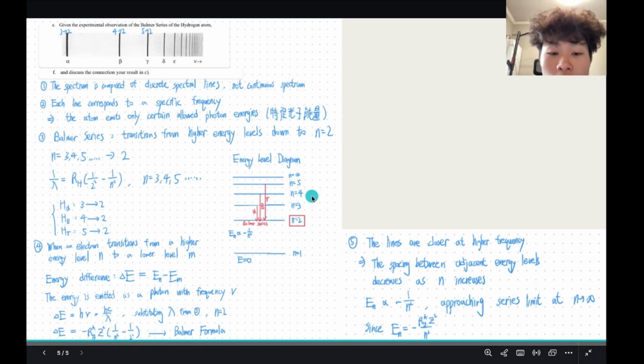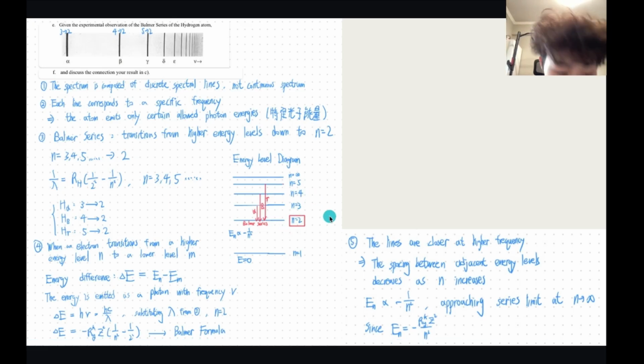So the energy equation we just derived in question C can be used to derive the Balmer formula. And as you can see, the lines are closer at higher frequency because En is directly proportional to minus 1 over n squared.